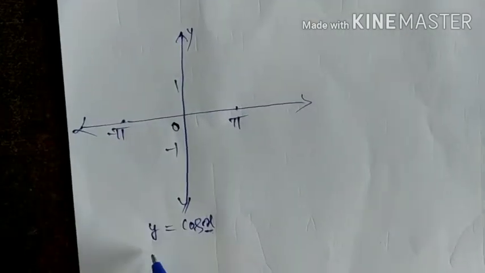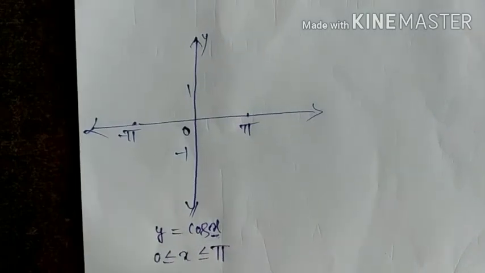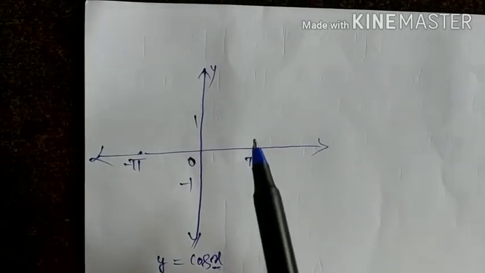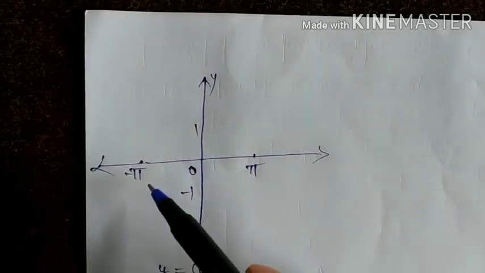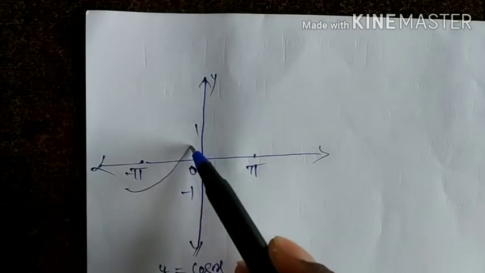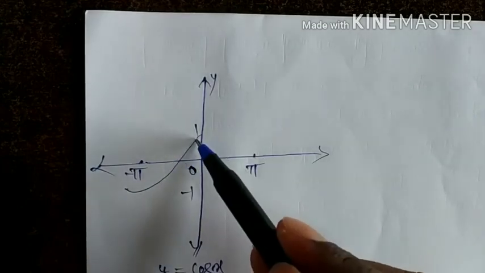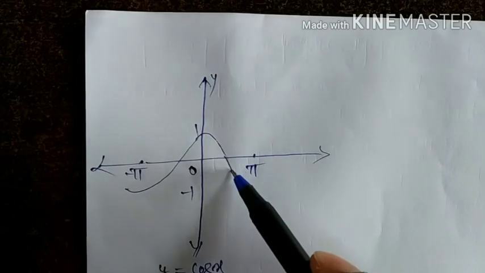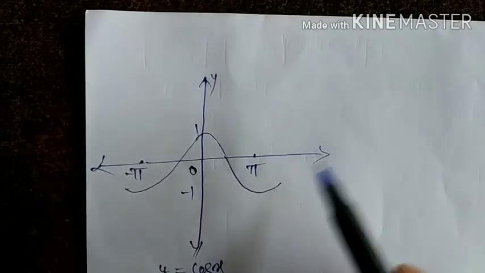Here x represents 0 less than or equal to x less than or equal to pi. For these values it is defined. So the graph of this function is like this, the graph of the cos function. We get it drawn like this.